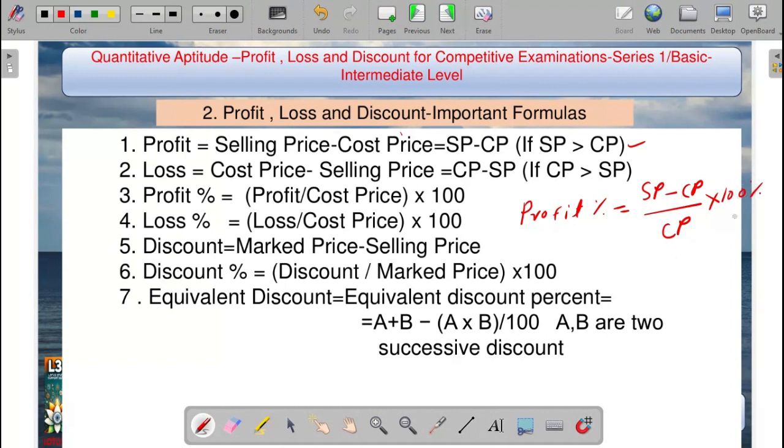So SP minus CP is the profit. So profit divided by cost price into 100%. This is the profit percentage.